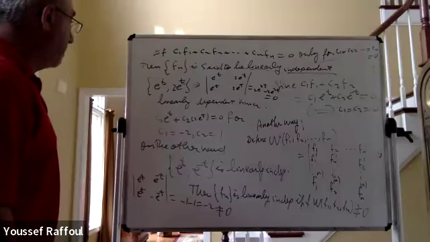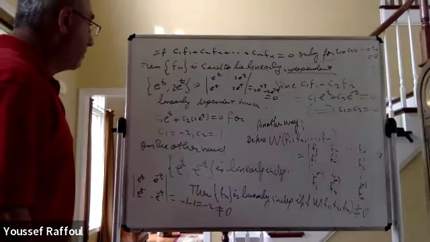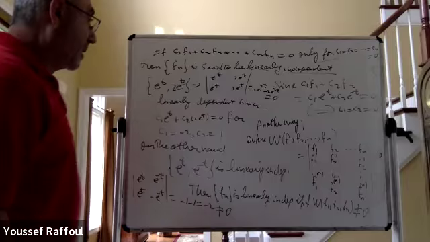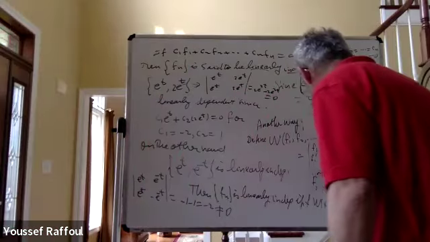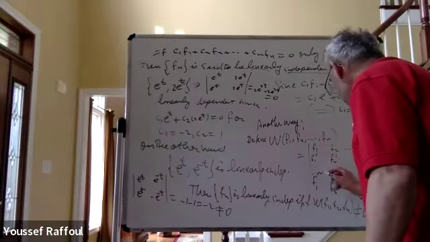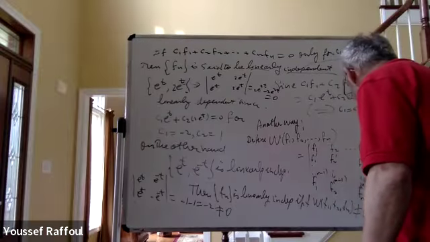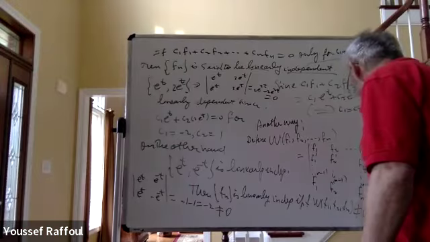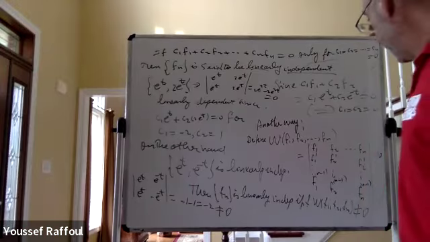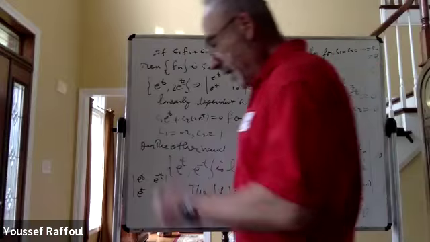No, there's a mistake here. This should be n minus 1. Okay? It should be n minus 1. All right? Okay.